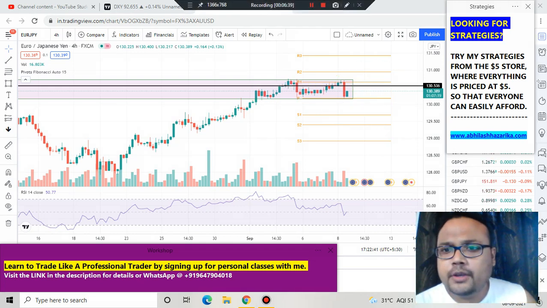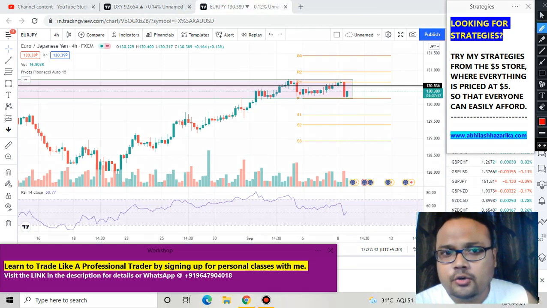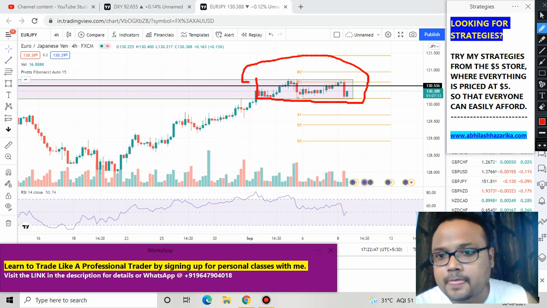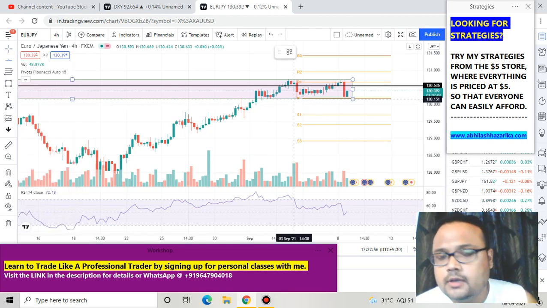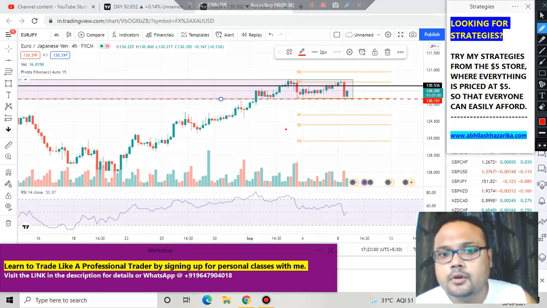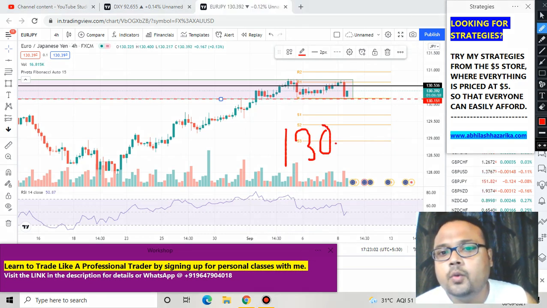So what you should be doing here is just draw a box like this, or just mark these levels here. Let me show you. See, 130.15 on the downside, this line.